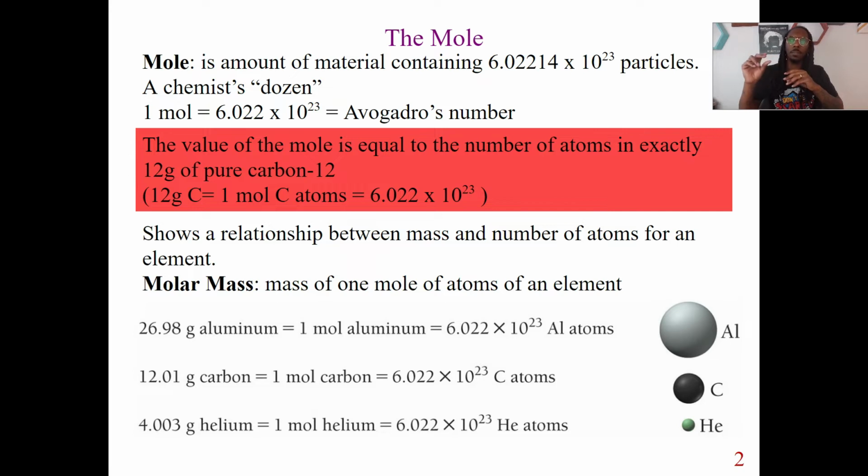We did this with a couple of different elements. So we go down here to carbon. Like I mentioned, 12 grams of carbon is 1 mole. Because 12 grams of carbon is 1 mole, that means 1 mole always has this particular amount of atoms, because 1 mole equals 6.022 times 10 to the 23.